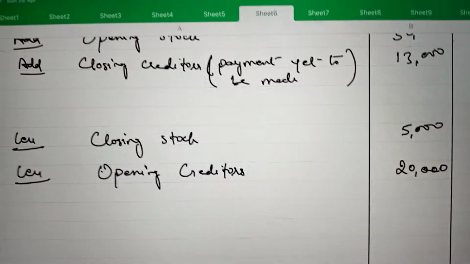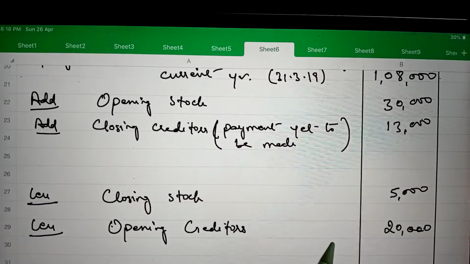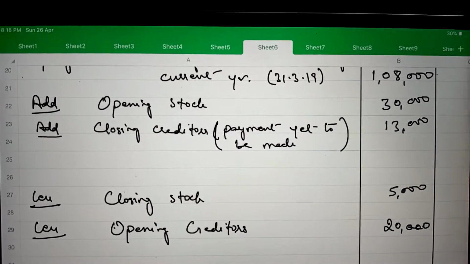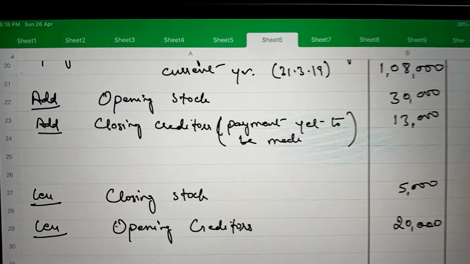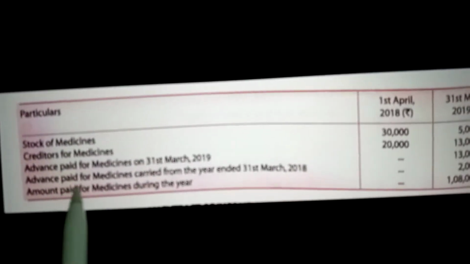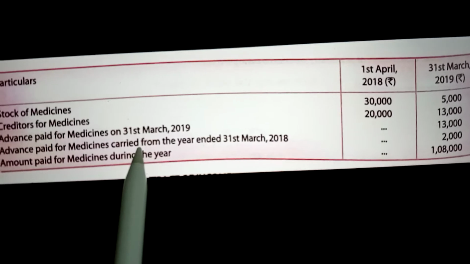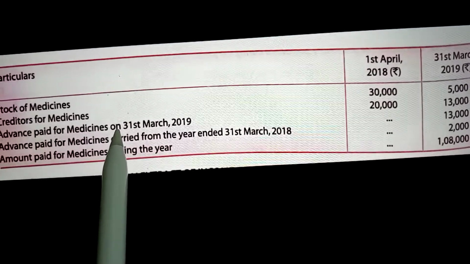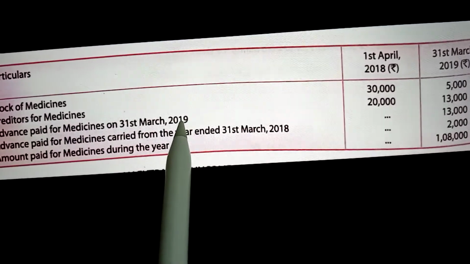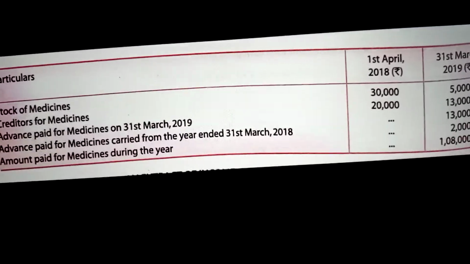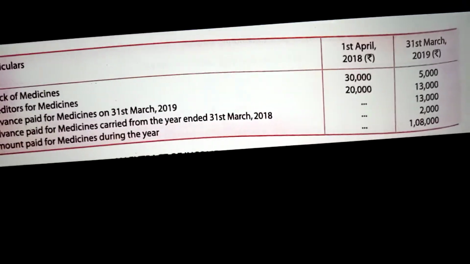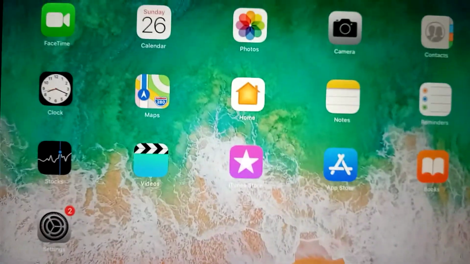So the next adjustment is advance paid for the medicines as on 31st March 2019. It is for the next year. 13,000 is paid for the next year, so it will be deducted from here.